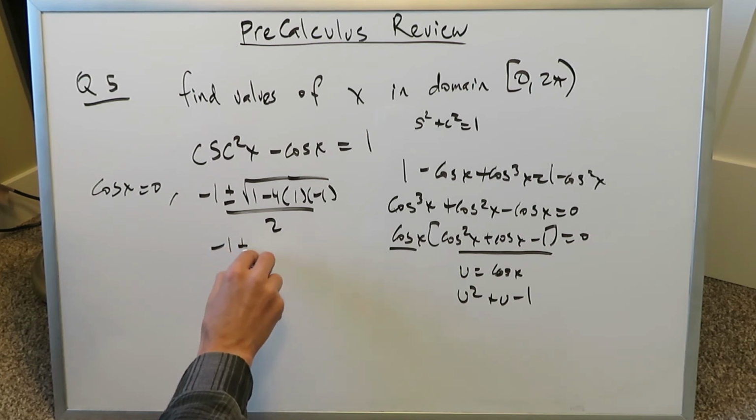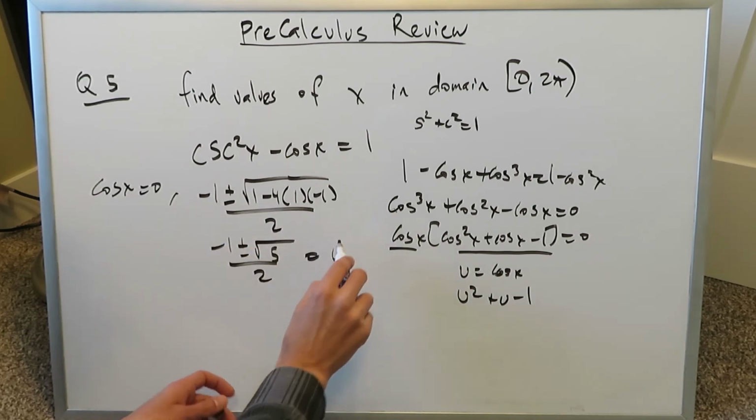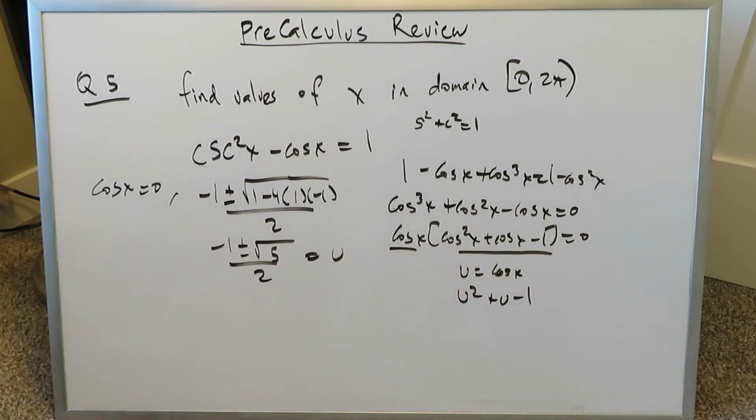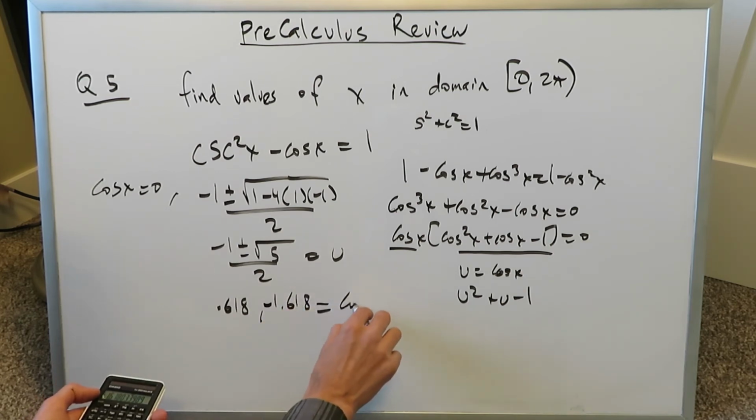You'll have minus 1 plus or minus the square root of 5, over 2. All of this equals u. You have to get the values over here, and let's do it. In one form I get 0.618, and in the other form I get minus 1.618. These are equal to u, which are equal to cosine x.